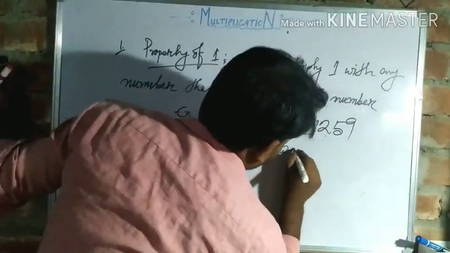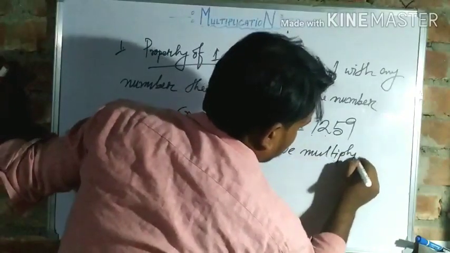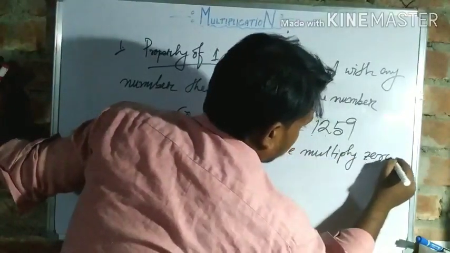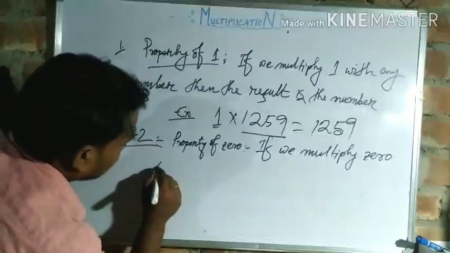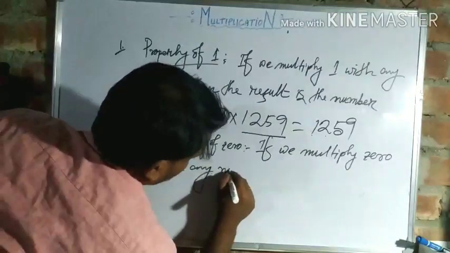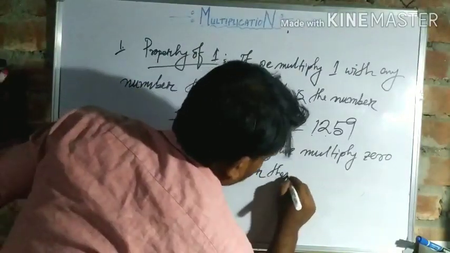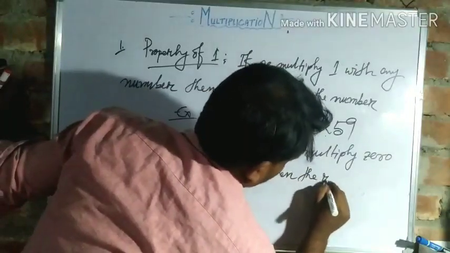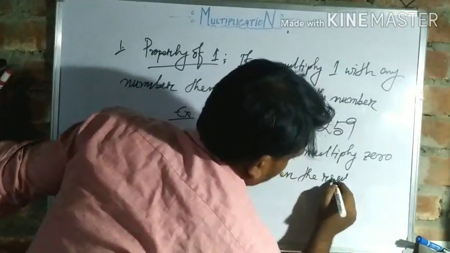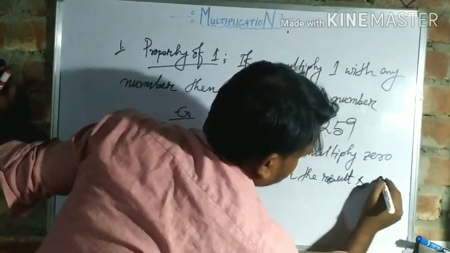If we multiply 0 with any number, then the result is 0.